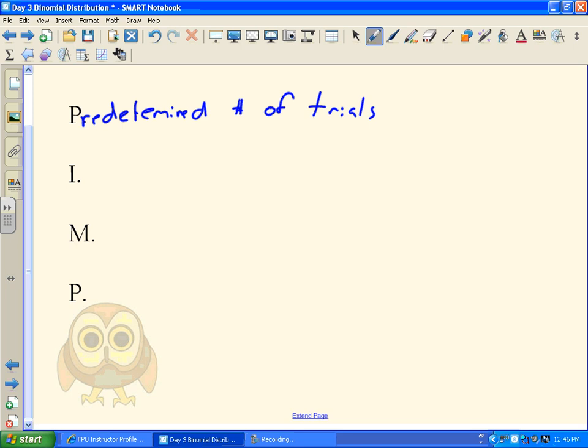In other words, in the problem that you guys just looked at, we talk about the next three individuals. Guess what the I is going to stand for? Independence. It's going to start with the letter I, guys. Independent events. Again, the first person is independent of the second person, is independent of the third person.